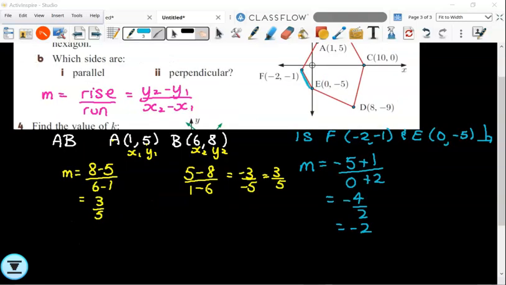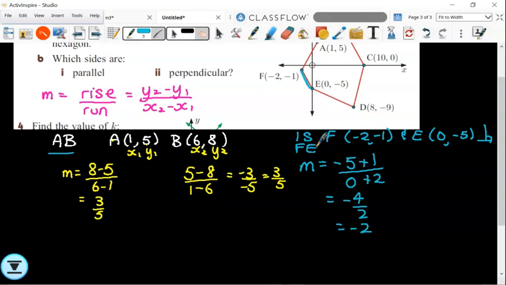Okay, so we've worked out F and we got -2. So clearly that is not perpendicular, is it? What would it have to be for it to be perpendicular to AB? -5/3. Now it's not that. Here's a question for you. Which one is steeper, AB or FE?